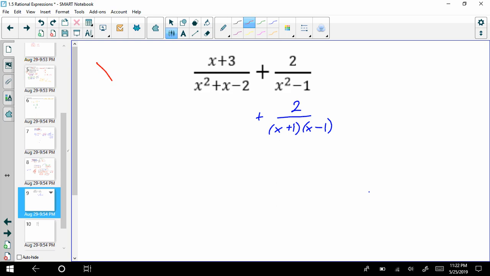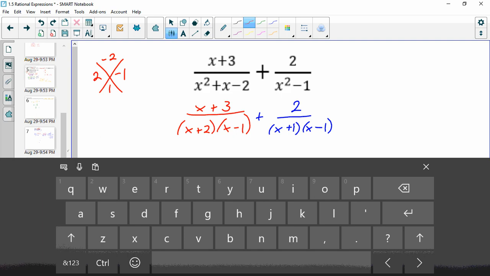And the other guy, if we were to mark it, I'm going to multiply to negative 2 and add to 1. What two numbers do that? It would have to be a positive 2 and a negative 1. So the bottom would factor into x plus 2 and x minus 1.